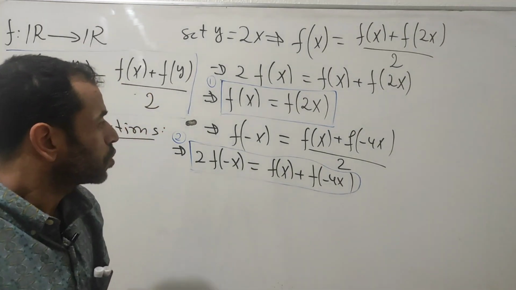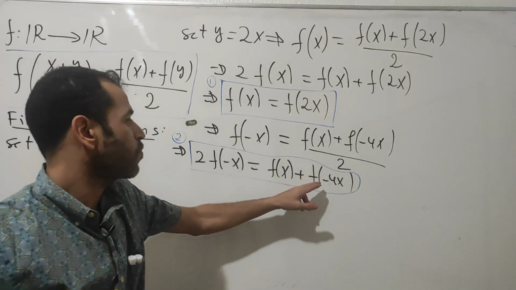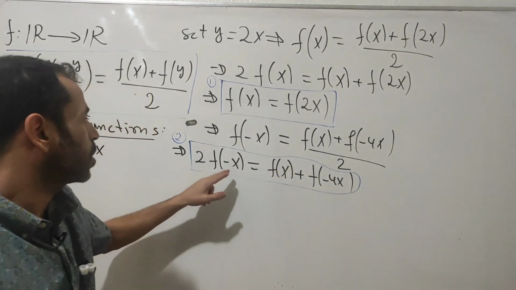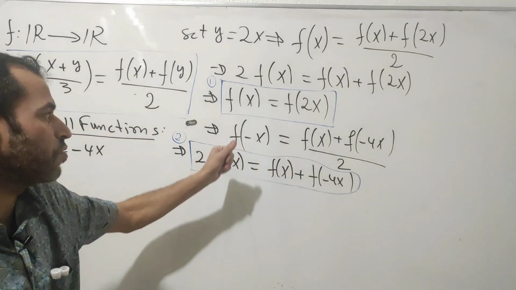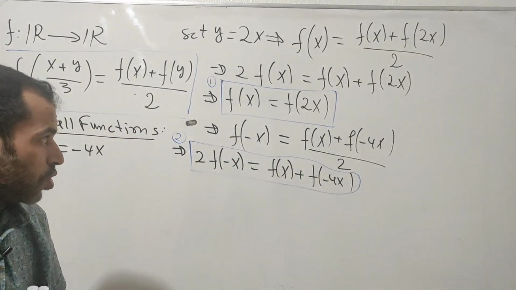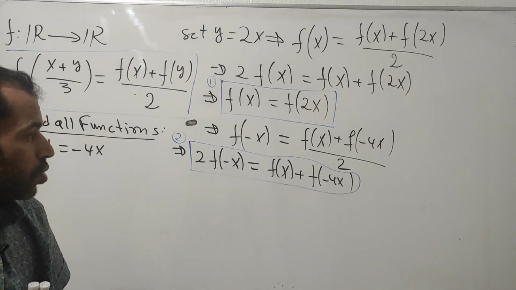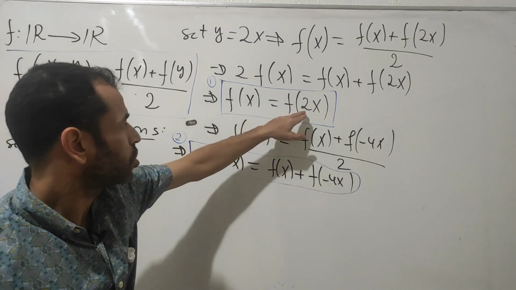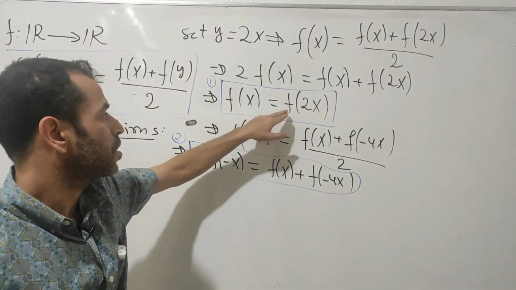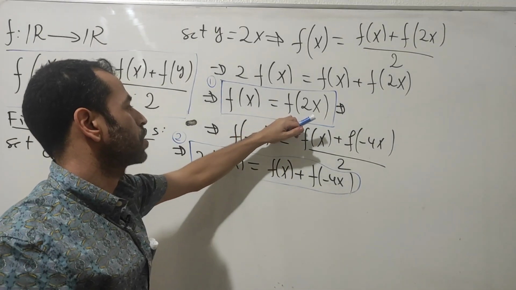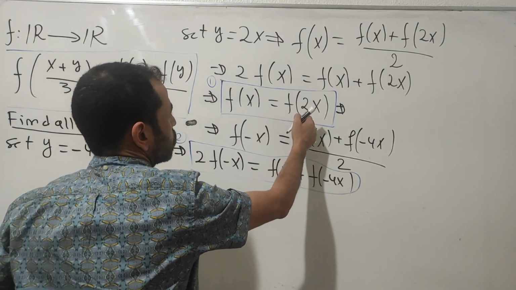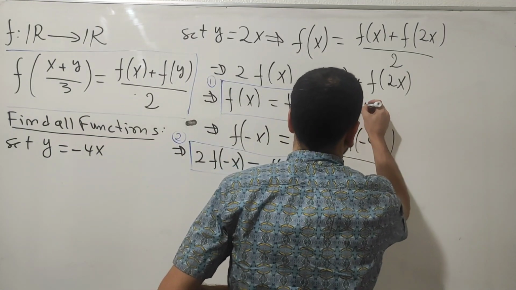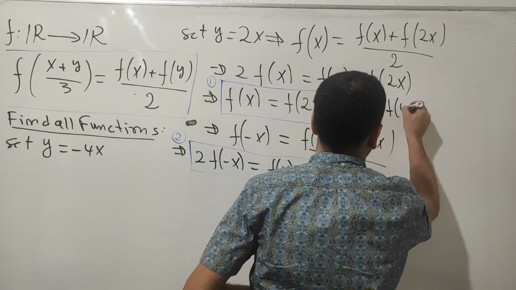So what can we do to get rid of f of minus 4x, leaving only f of minus x and f of x in this equation? If you look carefully, there is a kind of relationship between the first and second terms. By induction, it gives us f of x equals f of 4x.